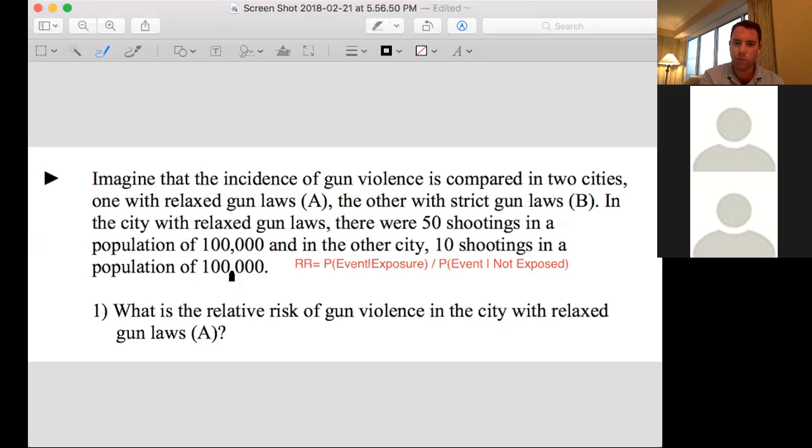And what does that mean? What can we conclude from this relative risk? What can our conclusion, our summary statement be from this data?